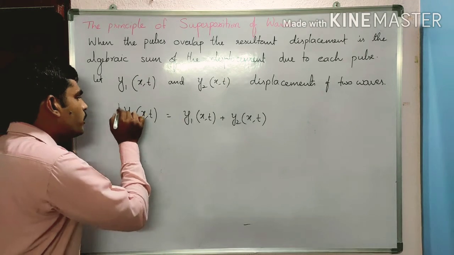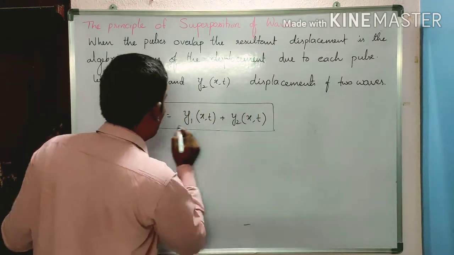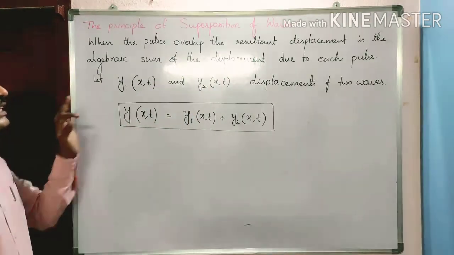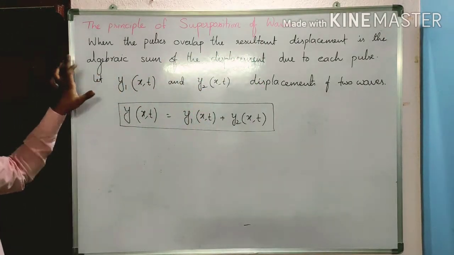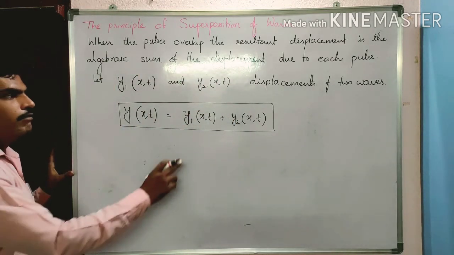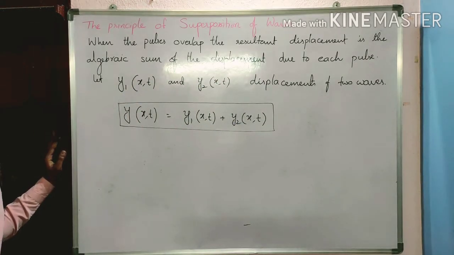This is the principle of superposition: the resultant displacement is the algebraic sum of the displacement due to each pulse, y1(x, t) + y2(x, t).